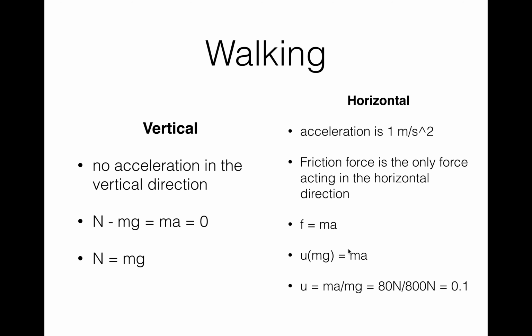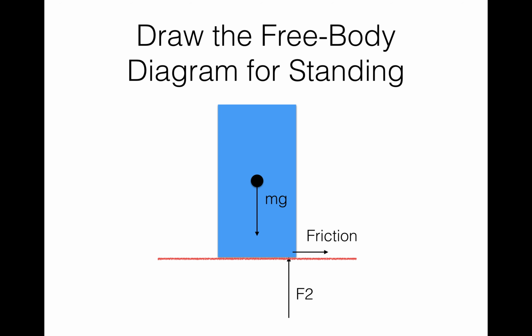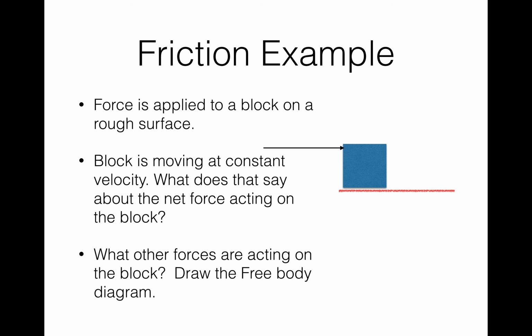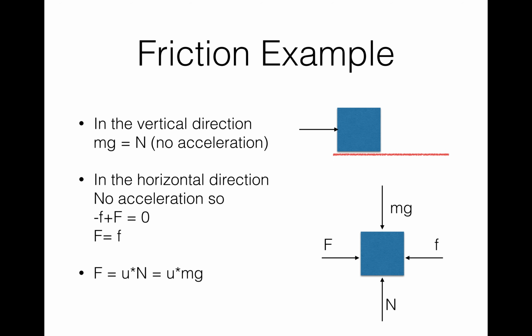Now, the other thing that, again, you should have looked at is the portion of the Top Hat that talks about friction. The frictional force is proportional to the normal force, that is the force between the two objects that suffer friction.